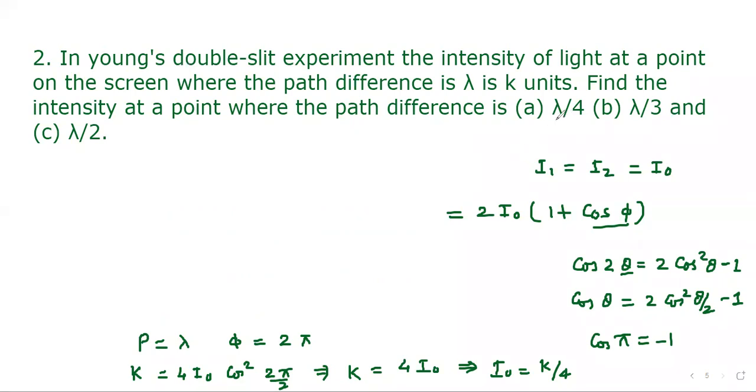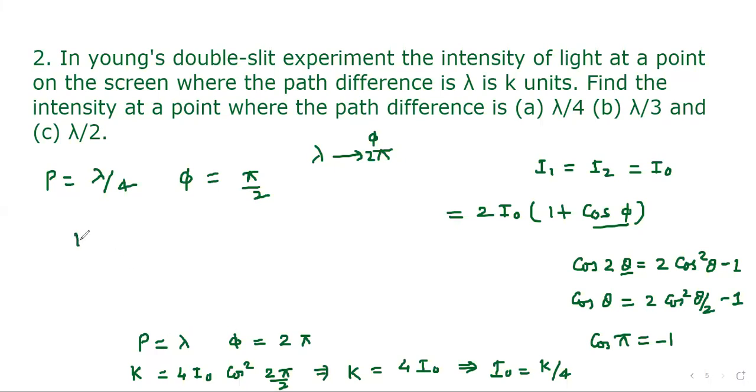Now case 1, when the path difference is lambda by 4. In that case, phi will become 2 pi by 4, that is pi by 2. For lambda it is 2 pi, so for lambda by 4, phi will be 2 pi divided by 4, which gives pi by 2. So again we put the value.